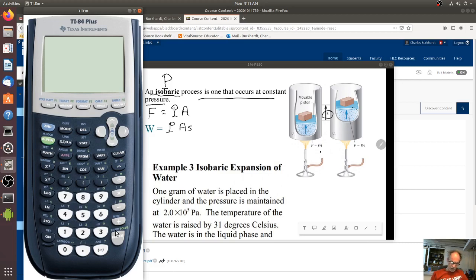Well, this area times this height, S, is the change in volume of this gas. So this is equal to P times the change in volume. That's the formula for the work done in an isobaric process. That formula only works for isobaric processes.